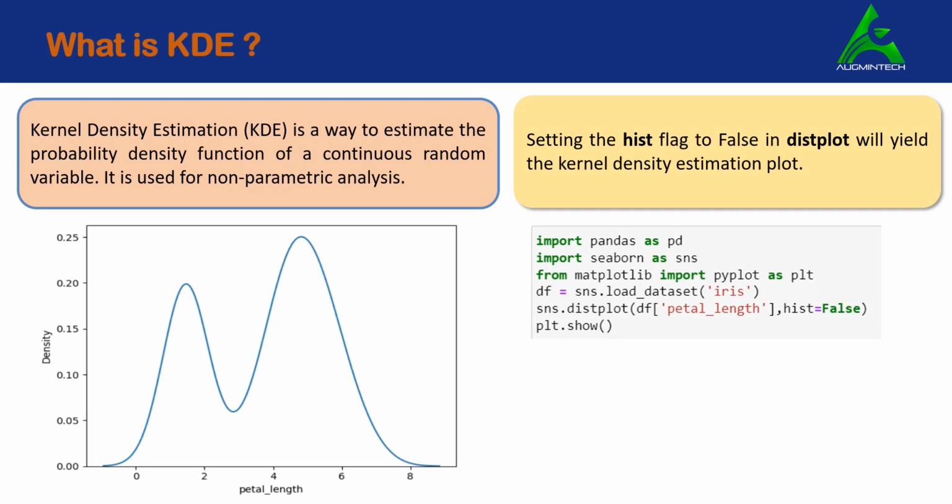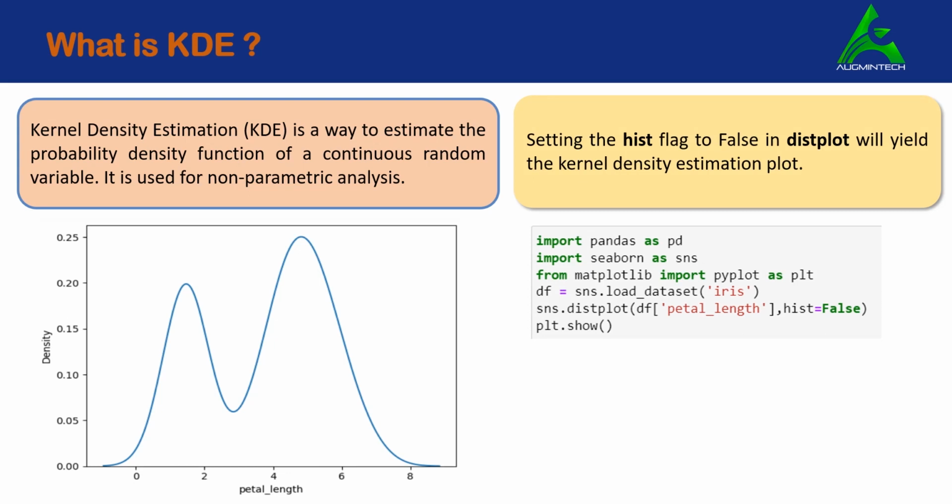So here we import pandas as pd, seaborn as sns, and matplotlib as plt, and then again we will be plotting this plot on the petal_length column of the iris data set, and when we say hist equals false, there we go, you see this only plots the KDE.